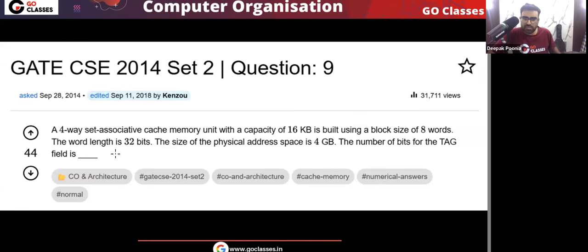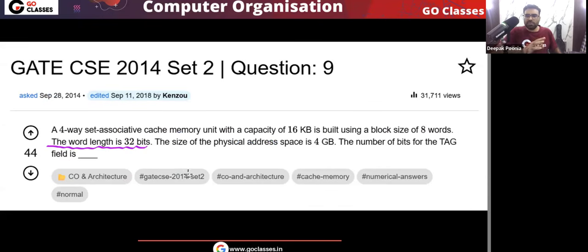This is a very simple question, but let me tell you, many students, when they see the line that the word length is 32 bits, immediately think that the main memory is word addressable. But that is wrong. Remember, we will consider the main memory to be word addressable only when it is explicitly written that main memory is word addressable.